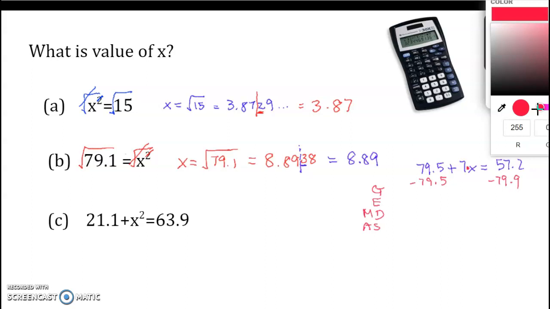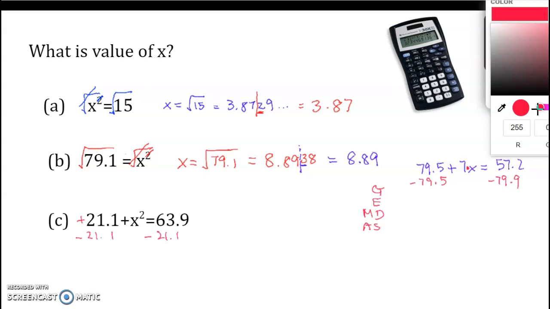So to undo, we need to get rid of 21.1 because that was the very last thing that was done to x. How do I undo adding 21.1? I subtract 21.1 from both sides.